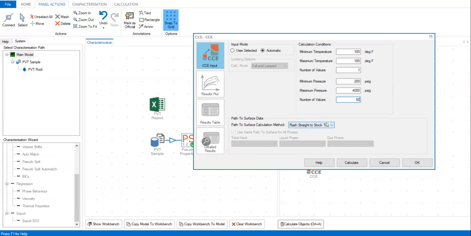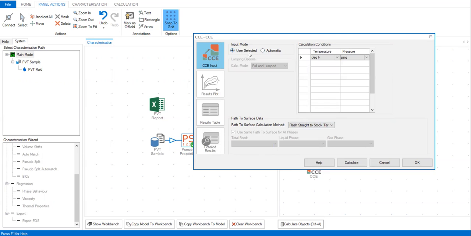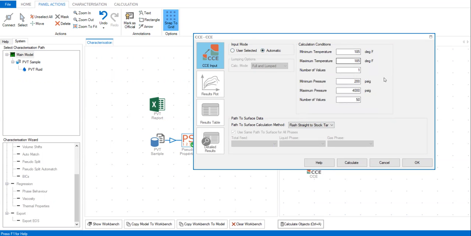Okay, let's leave it as default, and input data automatic, but you can also select the user selected, but let's go with the automatic. And for the CCE, we are only interested in the oil density and viscosity, and thus it is not required to specify a separator train.